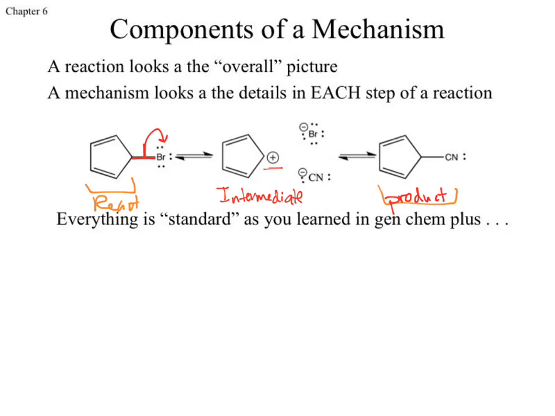Where did the electrons start? Why did they start on the cyanide? How did you know they started there? Because it's negative charge, and to be negatively charged, it must have extra electrons. Could I ever have that positive charge share electrons? Why not? It's missing electrons. Okay?